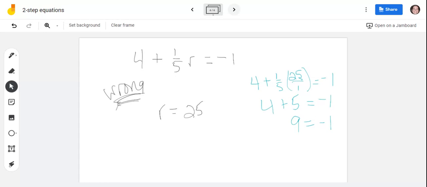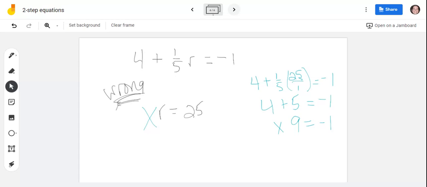And 9 is not the same as negative 1. Having $9 in your pocket, owing somebody $1, not the same situation. So because these two were not the same, this answer is not correct. So then you have to go back and check your steps and see if you can figure out what went wrong, right? If you get a situation like that where your answer here is not the same, your answer is not correct.